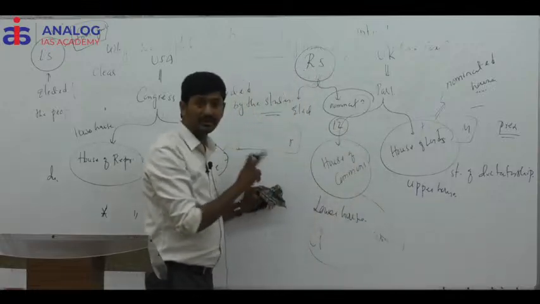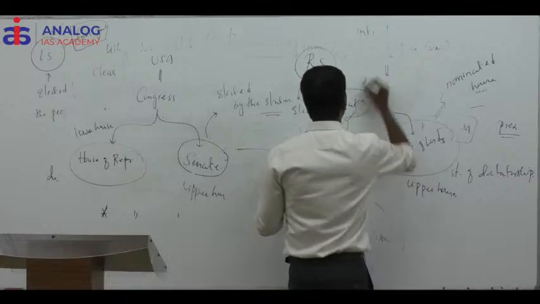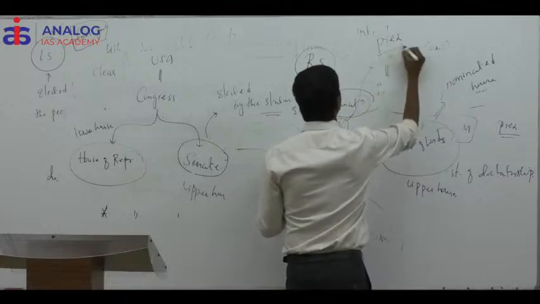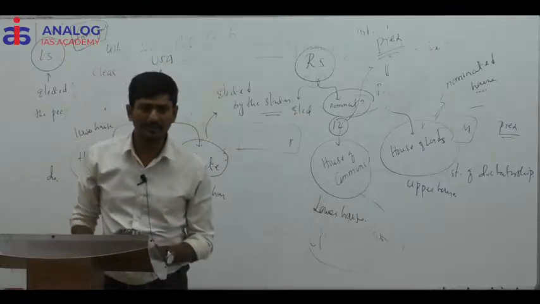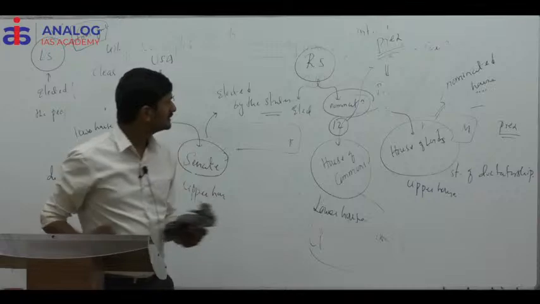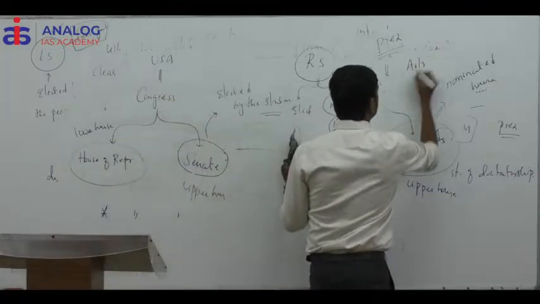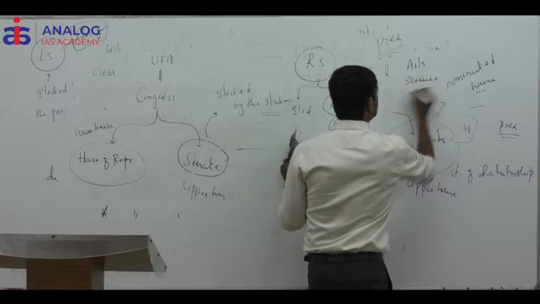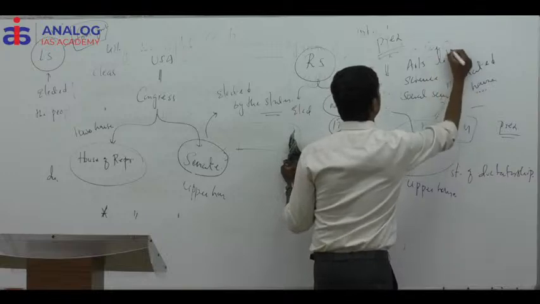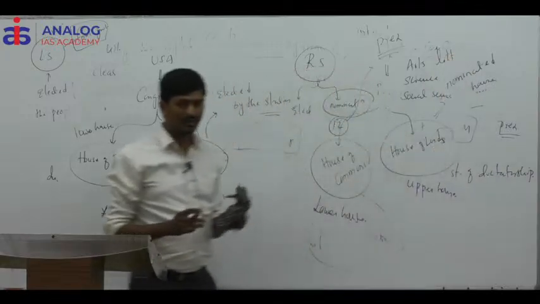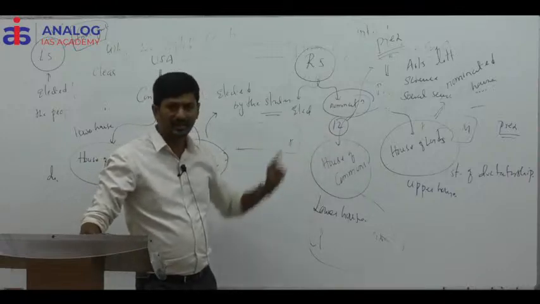By whom? By the president. When president nominates, president always acts on the advice of the prime minister and the council of ministers. He nominates from the fields of arts, science, social service, and literature. From these four fields, the president will be nominating these 12 members to the Rajya Sabha.